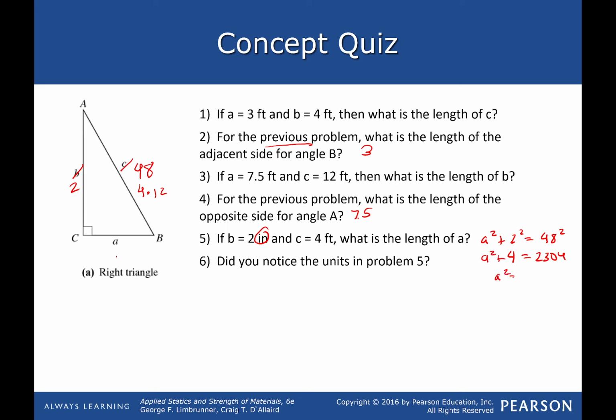So A squared equals 2,300. A would therefore be equal to the square root of 2,300, which comes out to be 47.9. Like I said, it's pretty big. It's pretty close to being the same as C.